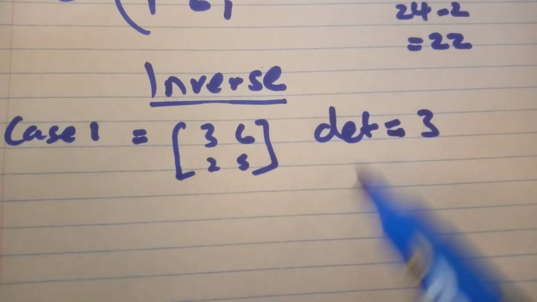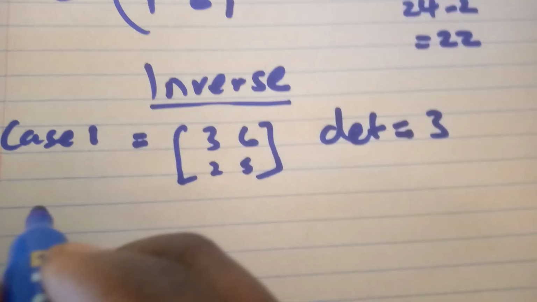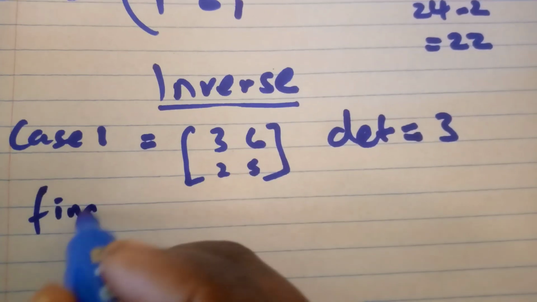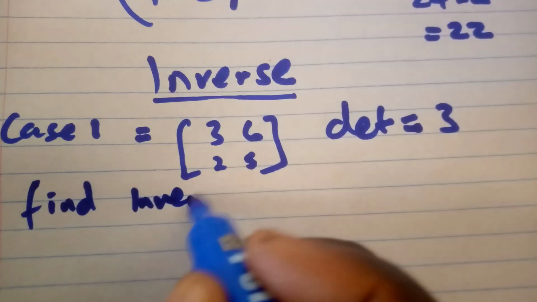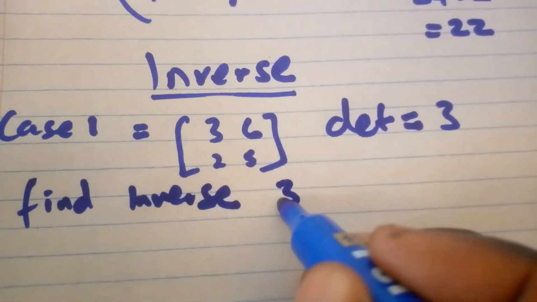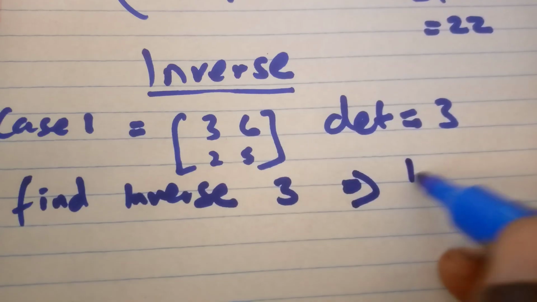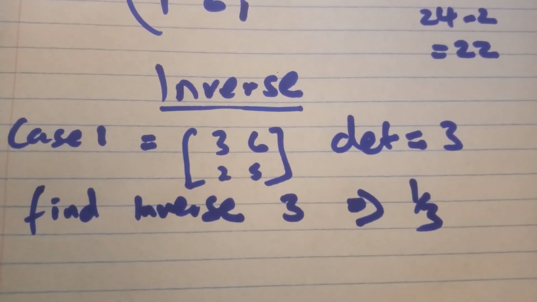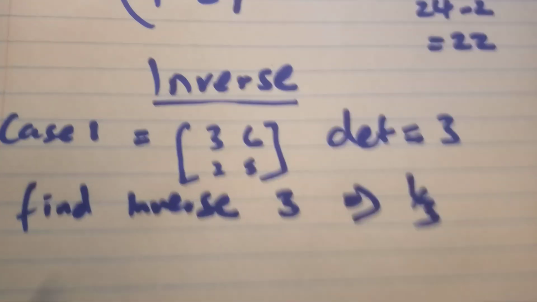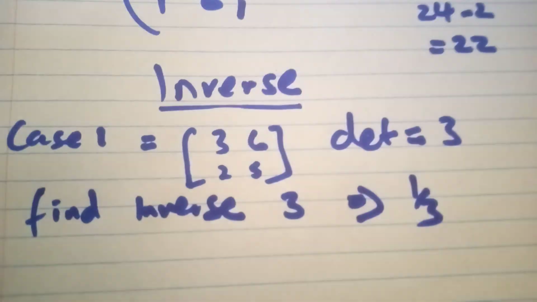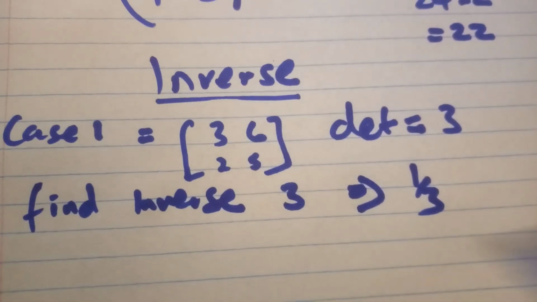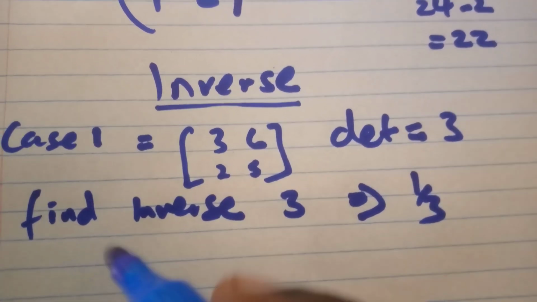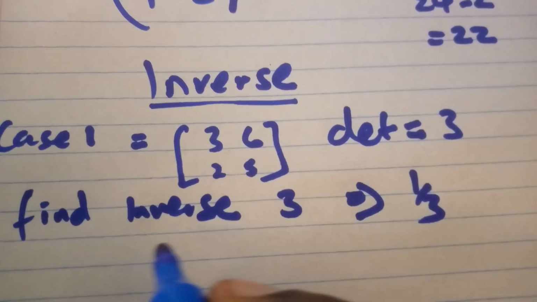So for me to find the inverse of this, I'll first of all find the inverse of 3, which can be written as 1 over 3. And then pre-multiply the inverse by the matrix as I change the positions.